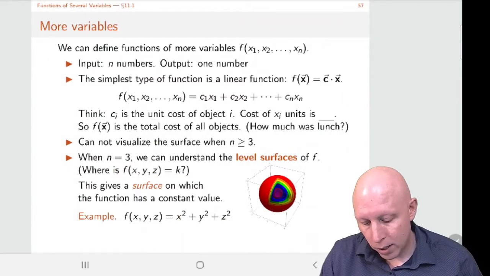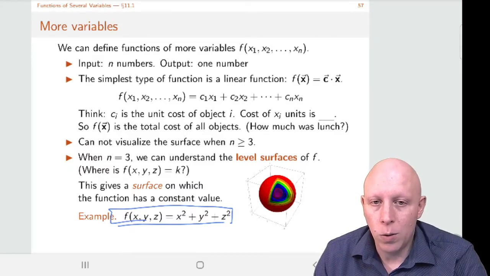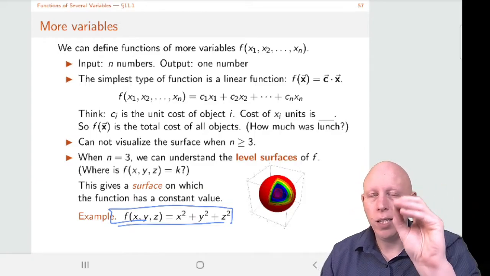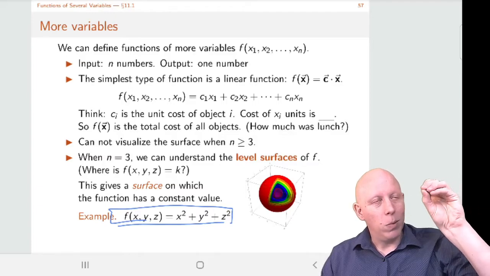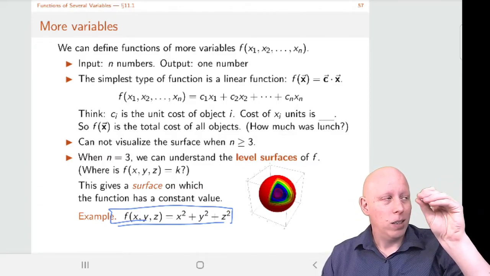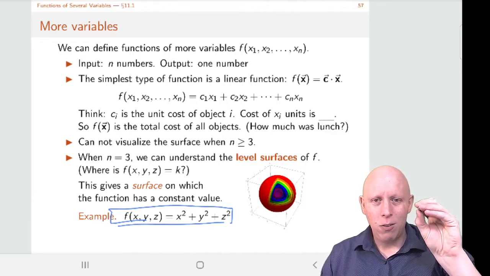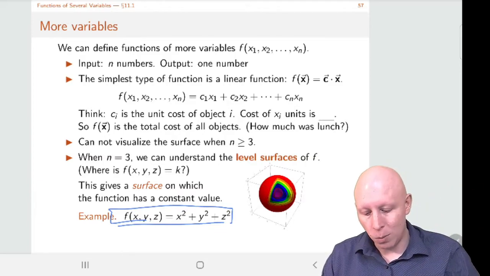So consider this function: f of x, y, z is equal to x squared plus y squared plus z squared. So it's saying choose a point in 3 space. So you're in this room, and there's some center of the room, and we can talk about what's the square of how far away you are from that center point.